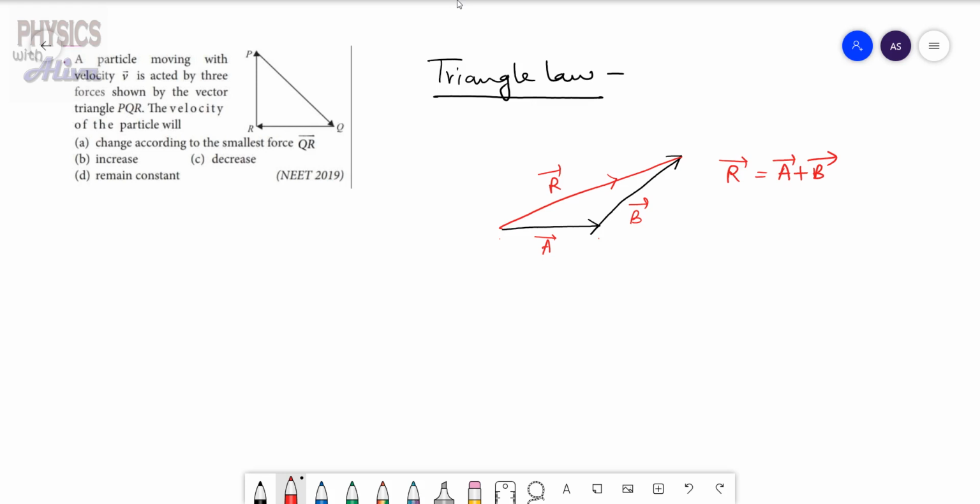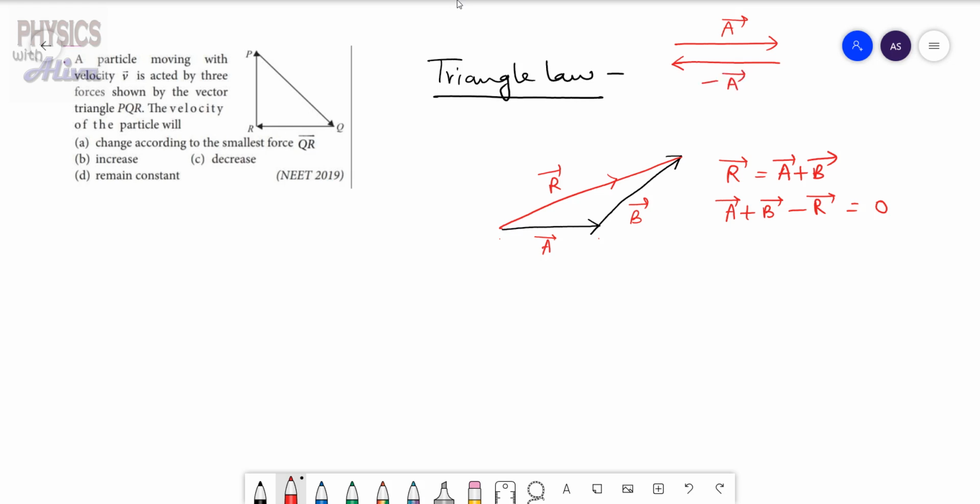So from this diagram, we can write that A vector plus B vector minus R vector equals 0. Suppose this is A vector. If we keep the magnitude the same and just make the direction opposite, then it will represent minus A vector.